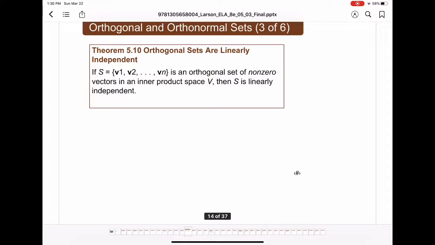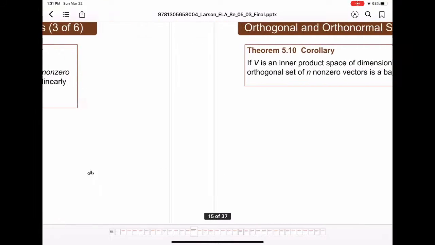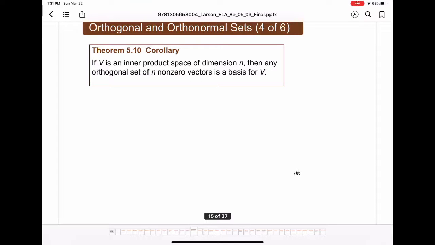We accept this theorem without proof, but the proof is pretty easy, so I will skip it. And if V is an inner product space of dimension n, and you have an orthogonal set of n non-zero vectors, then that set should be a basis of V. That's what we just used in the very first example.